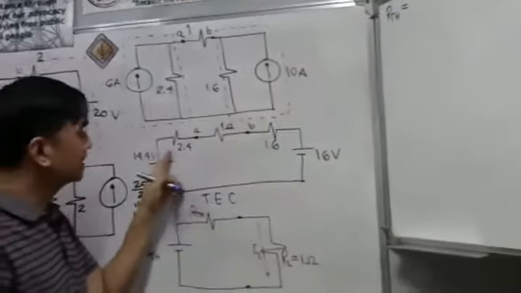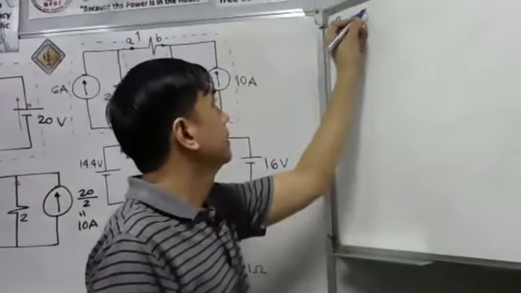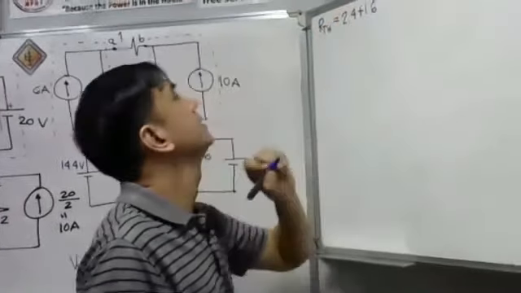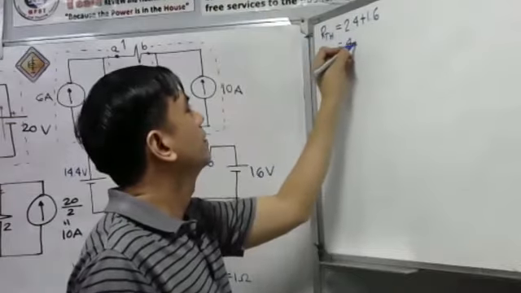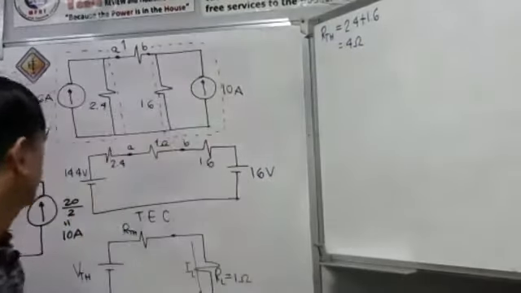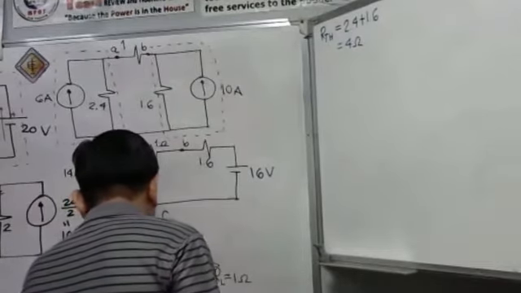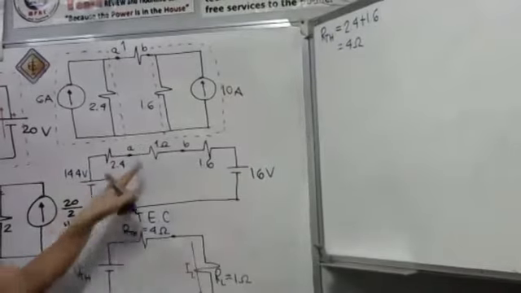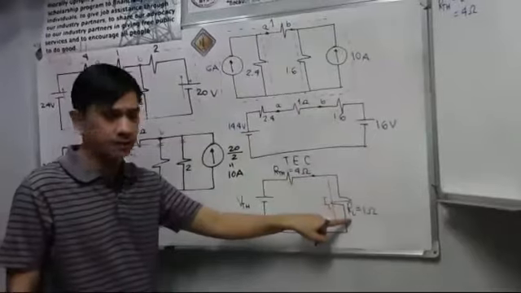I will have first 2.4 plus 1.6, and that is 4 ohms. So you can put here a 4 ohm resistor, because these two are connected in series. And then the 1 ohm resistor is the load resistance here.